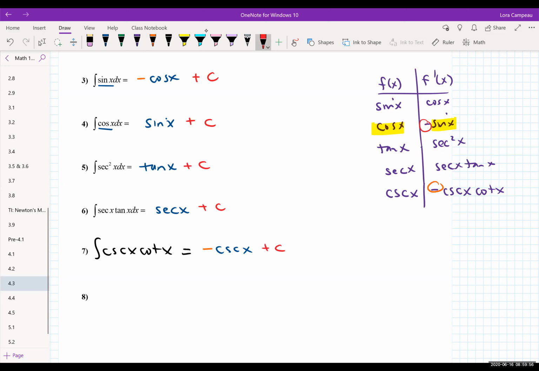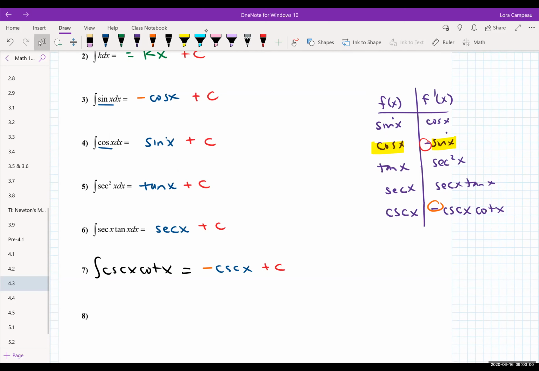Just pay attention to maybe having a chart on the side of your trig functions and their derivatives, and it really helps you see when you need to replace a negative sign or not. Similarly, the other one I'm missing, I think, is cotangent. The derivative of cotangent x is negative cosecant square x.